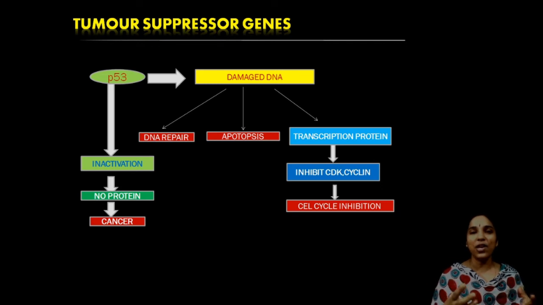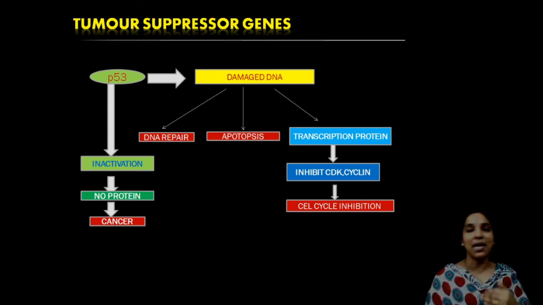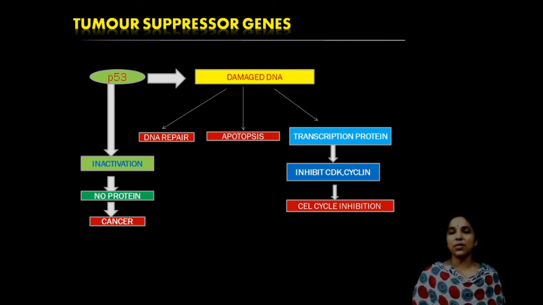And they will find out our energy will be wasted and there is no scope for repairing. So what they will do, the next step, is programmed cell death or apoptosis, meaning the cell has to die, otherwise it will cause problems to the newly forming daughter cells. So they will decide to kill that. That is programmed cell death or apoptosis. Next. Okay. So these are the two cases in the first one.